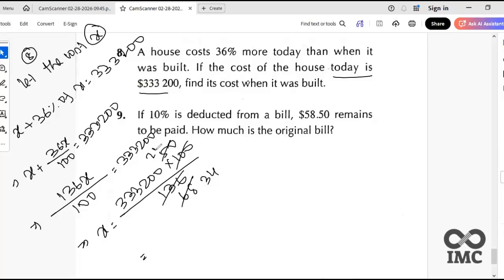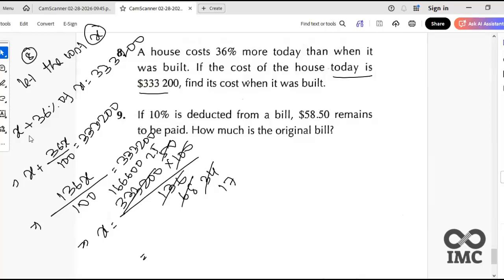Then 2 2 5 is 100. 34 by 2 again, that will be 17. Here we'll get 2 16 is 32. 2 6 is 12. Then we need to divide 166,600 by 17. So if we divide, then what do we get?